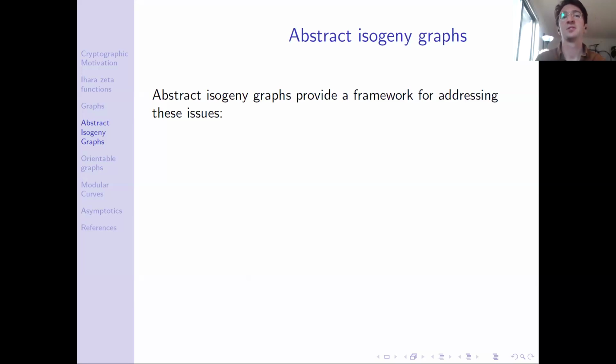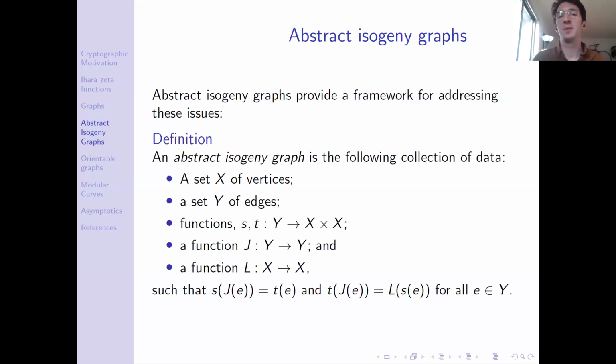So abstract isogeny graphs showed up in the title, and these are something that we introduced to provide a framework for addressing these issues. So it's a generalization of the idea of a graph by Serre, but now it can hopefully capture the cases that we want. So we start with the same collection of data that Serre has, so a set of vertices and a set of edges.